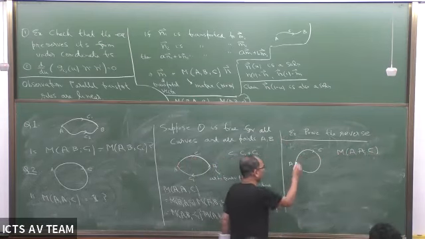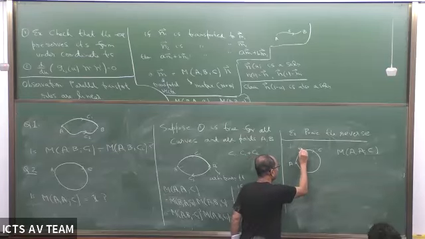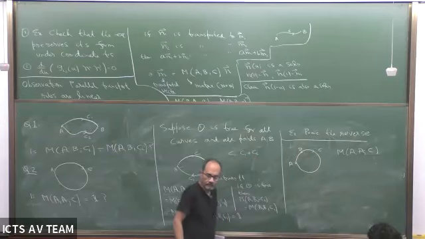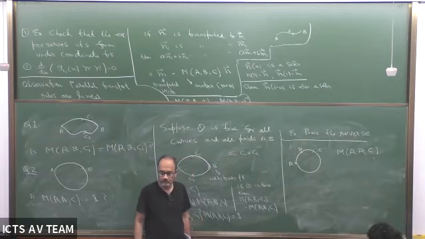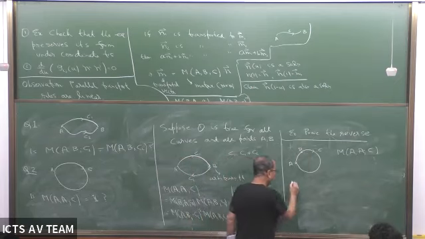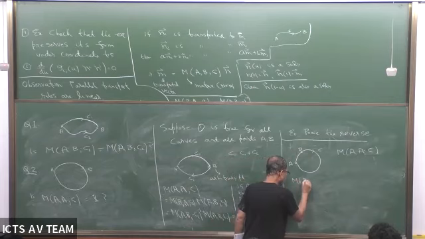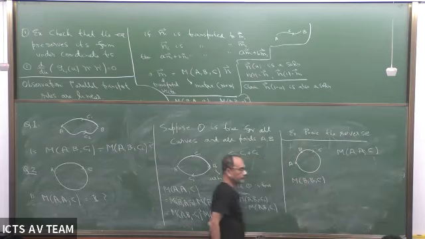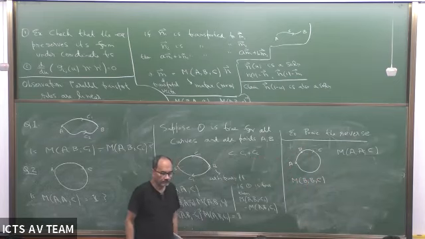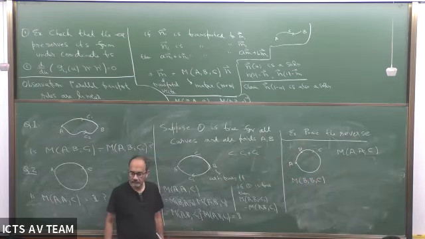Suppose you pick another point on this curve, B, and I want to calculate M_BC. Okay. Are these the same?